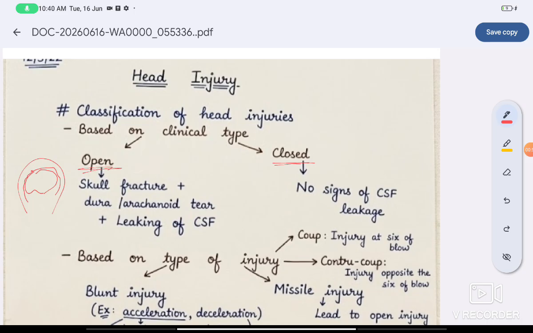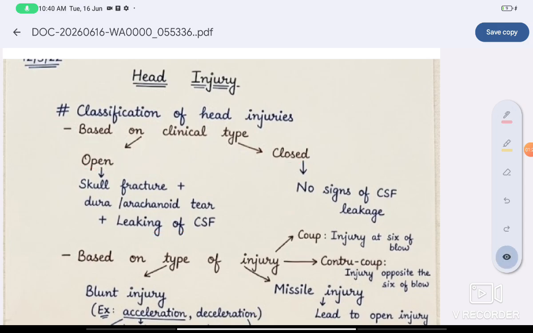So, when there is a tear in the dura mater and leakage of CSF through the nose, that is known as CSF rhinorrhea. It is known as open type of head injury because there is communication between the internal cranial environment and the external environment through a body cavity. Coming to the closed type of head injury, there are no signs of CSF leakage.